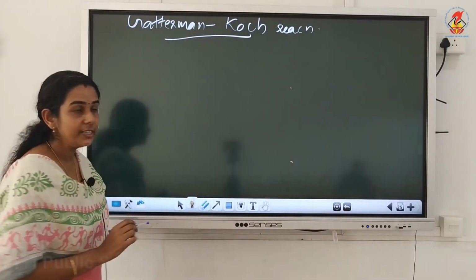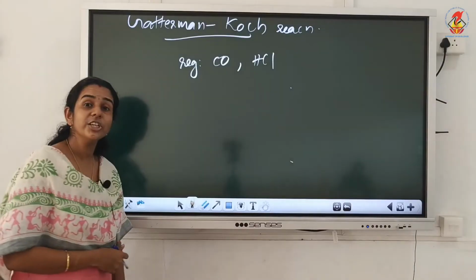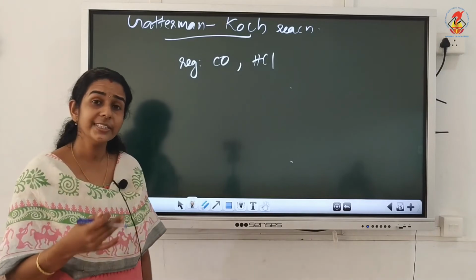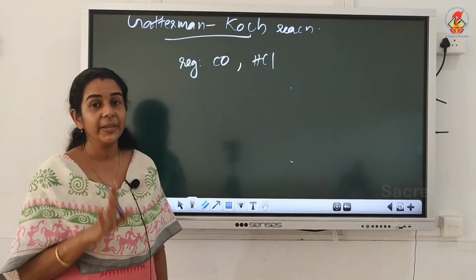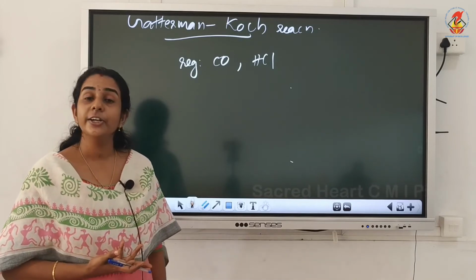Here the reagent is carbon monoxide and hydrogen chloride. If it is said hydrogen chloride, it will be in gaseous form. If it is in liquid form, it will be called hydrochloric acid.